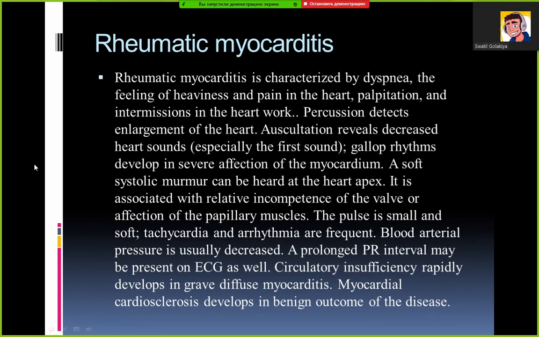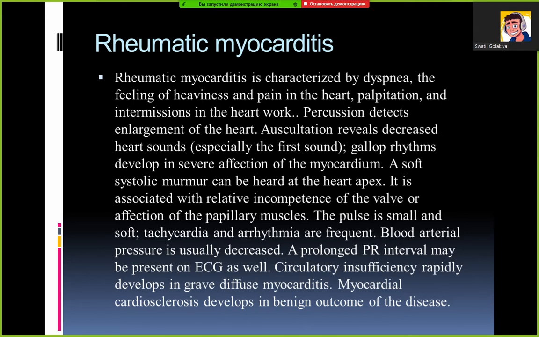So rheumatic myocarditis is characterized by dyspnoea, the feeling of heaviness and pain in the heart, palpitation, and intermissions in the heart work. Percussion will detect enlargement of the heart, and auscultation may reveal decreased heart sounds, especially the first heart sound, gallop rhythm, and a soft systolic murmur at the apex beat.